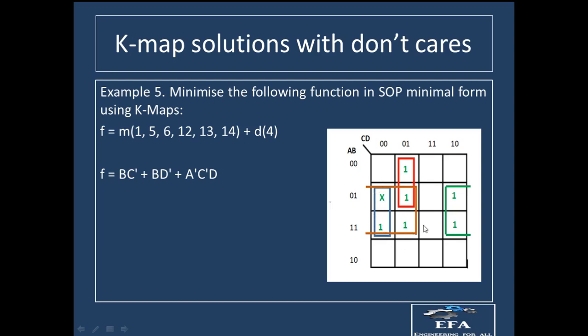This is one of the conditions that we have to make the biggest group possible. So this is a bigger group than this one, so we have to make this one. What will be the values coming from this? From this side we'll be having b, and from this side we'll be having c complement. So this will be b into c complement. So b into c complement is coming from this box.